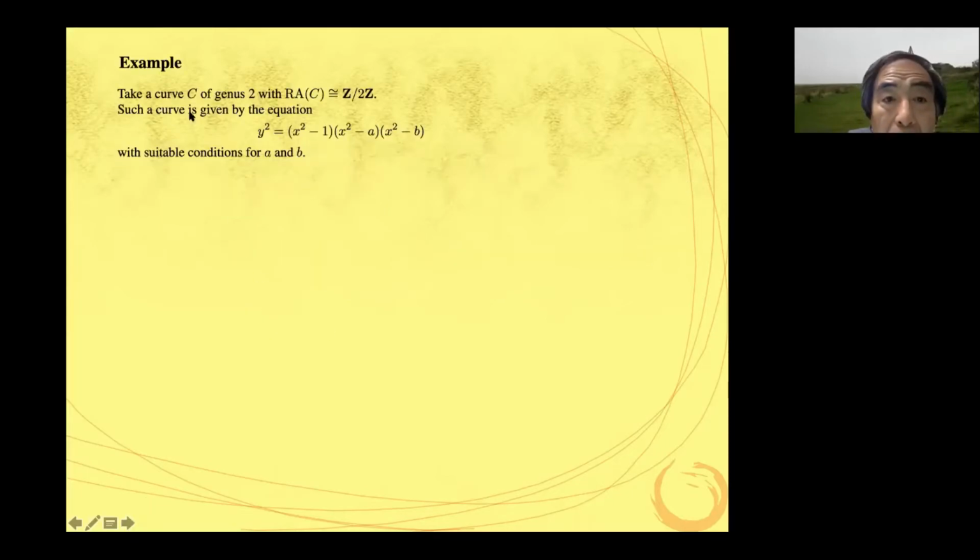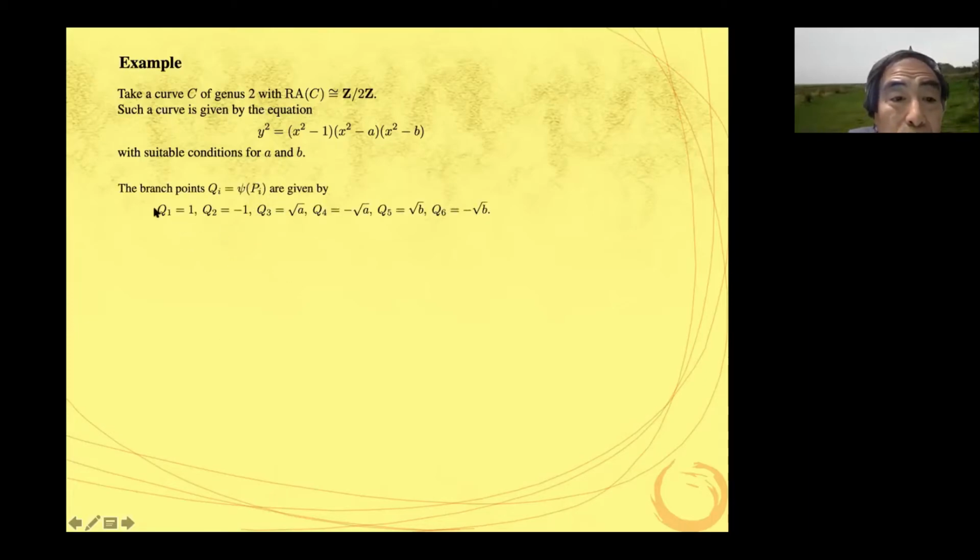For example, we consider one example. Take a curve C of genus 2 whose reduced automorphism group is isomorphic to Z over 2. Then such a curve is given by an equation like this, with a suitable condition for A and B, of course. If A and B are very special, then the reduced automorphism group becomes bigger than this cyclic group.